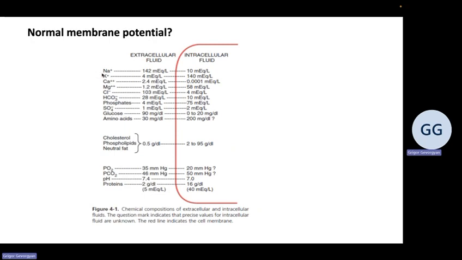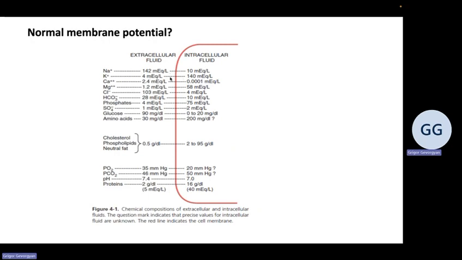But let's look at potassium, for example. Potassium is positively charged, so it will tend to stay inside the cell according to its electrical charge, because again, inside the cell is negatively charged, and outside is positively charged in comparison to the intracellular space. But look here, the concentration difference matters. It's nearly 35 times more inside the cell than outside the cell.